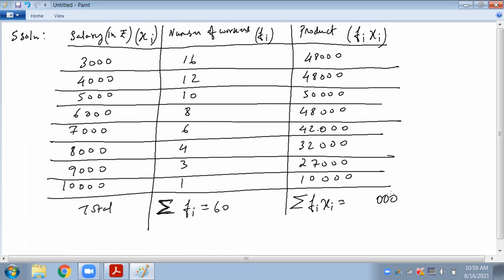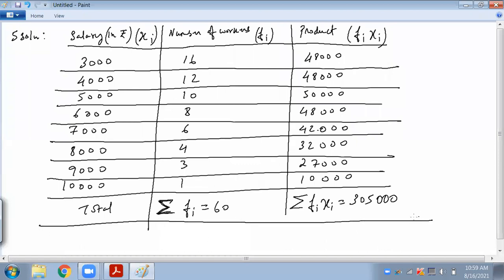So it will be 305. So the total of Fi Xi is coming to this.